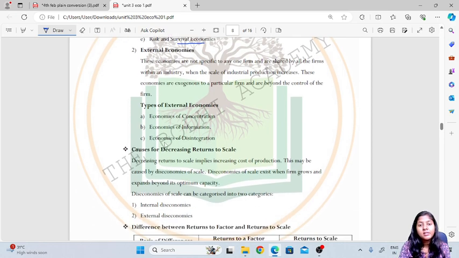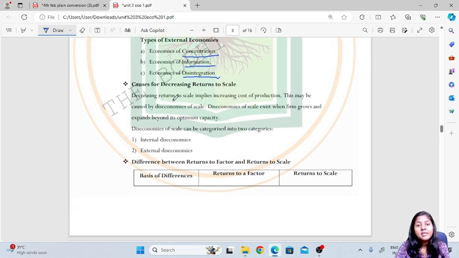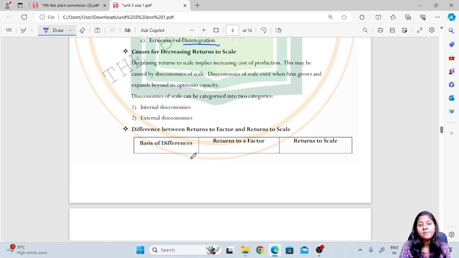The types of external economies are economies of concentration, economies of information, and economies of disintegration. Then, what are the causes of decreasing returns to scale? Decreasing returns to scale implies increasing cost of production, and this may be caused by diseconomies of scale. It can be classified as internal and external diseconomies.